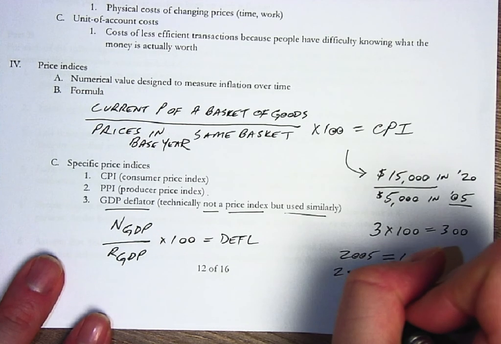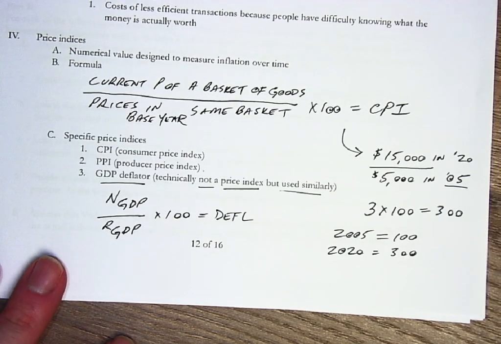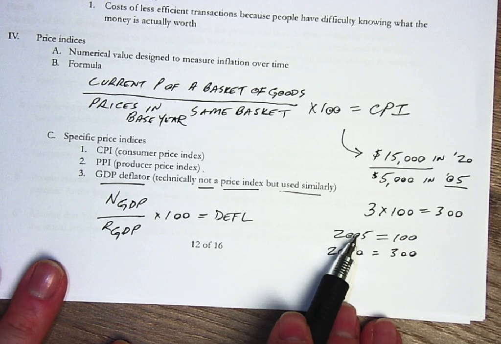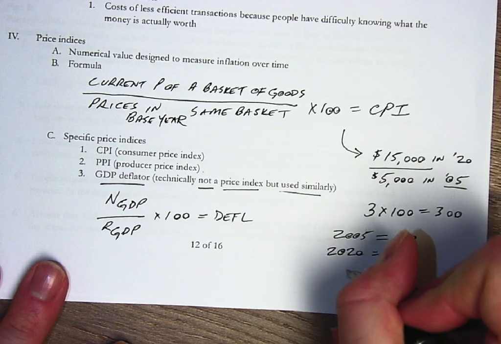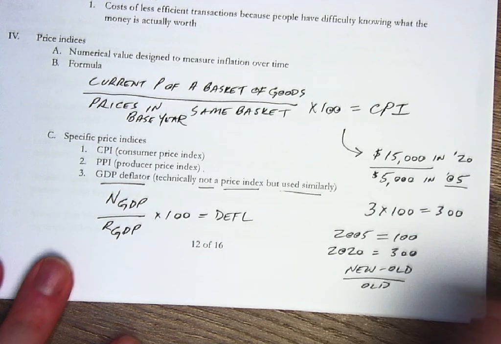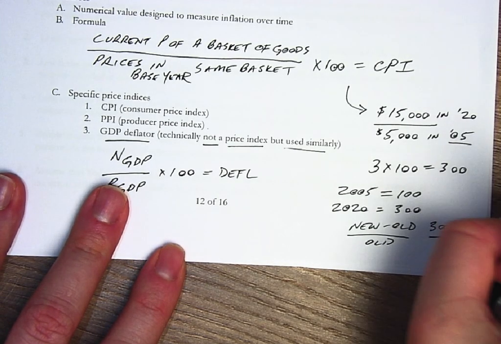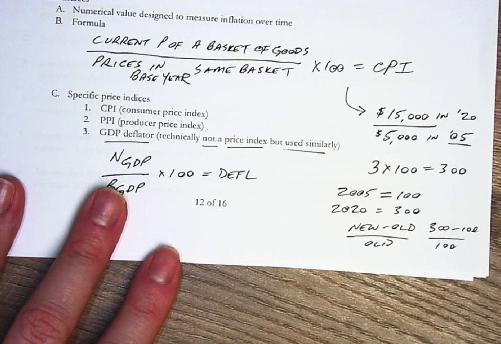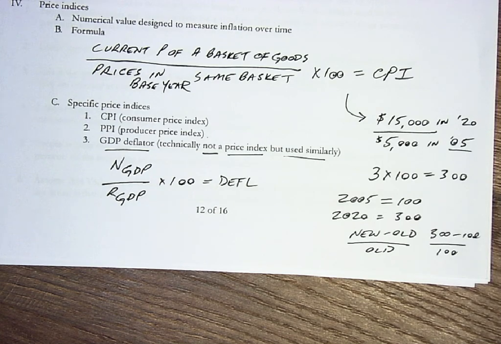And in 2020, it's 300. So now we can quickly tell how much prices have risen since then. From this date to this date, we have new minus old over the old. So we have 300 minus 100 over 100. And we find it's 200 over 100, so prices have gone up 200%, right? So that's how we can tell.